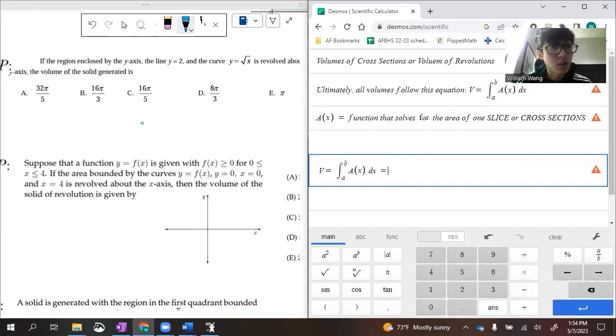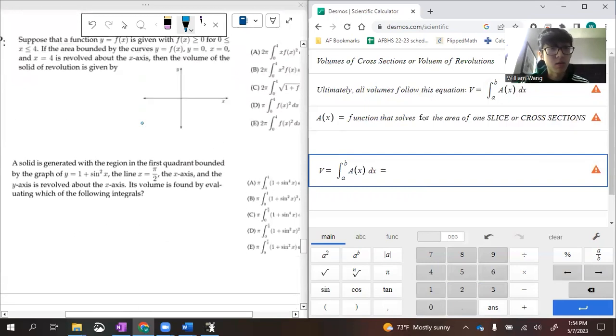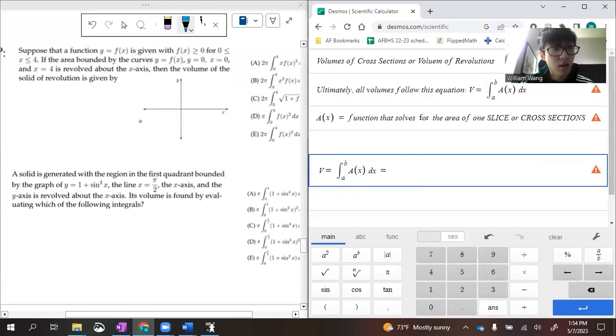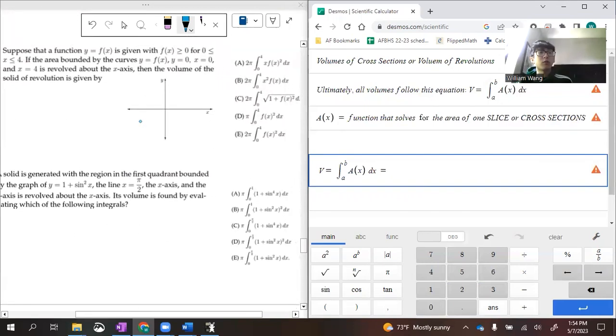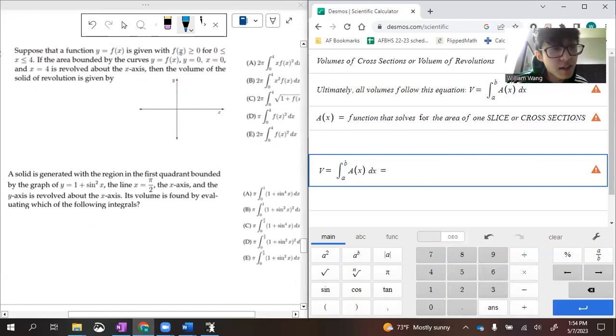The region enclosed. Oh, actually, I'm going to solve that last one at the end. Suppose that the function y equals f of x is given where f of x is greater than or equal to 0. Okay, so f of x is greater than 0, so it's above the x-axis, between 0 and 4.